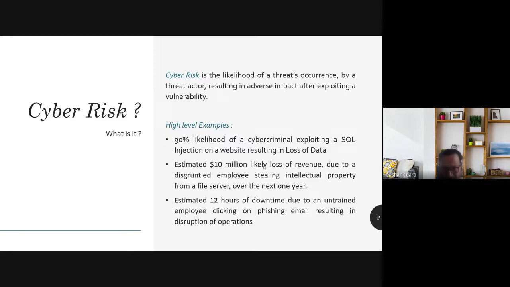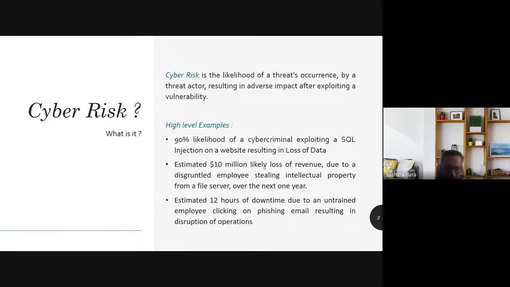People should understand it, and there should be some kind of authenticity or calculation behind that, rather than saying, hey, your website might get breached, or there is a high likelihood of exploit. So we try to give more concretized numbers as much as possible when we talk about cyber risk.